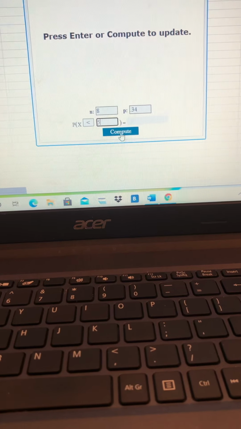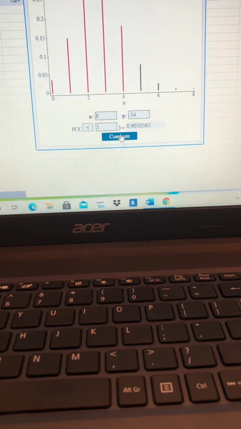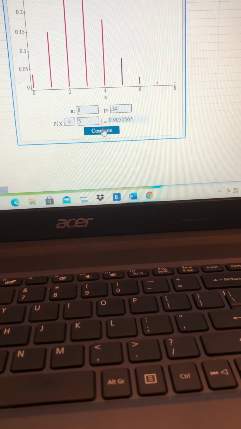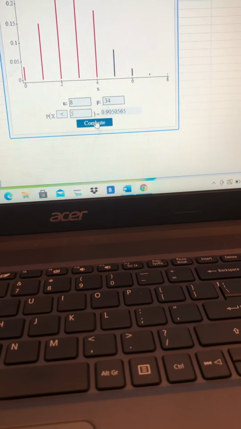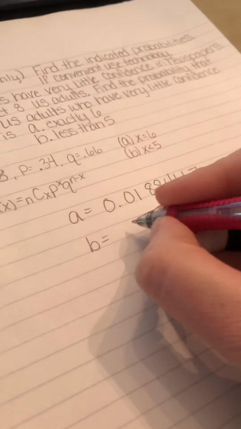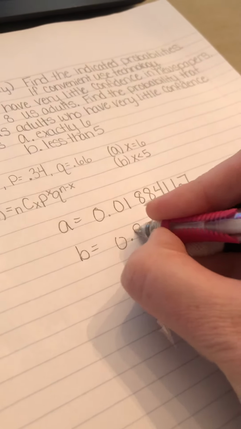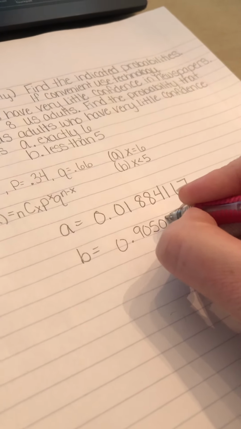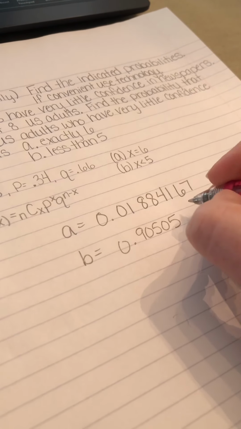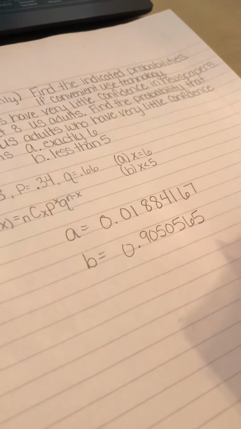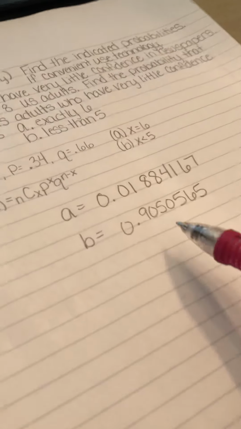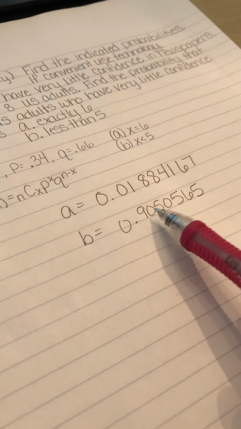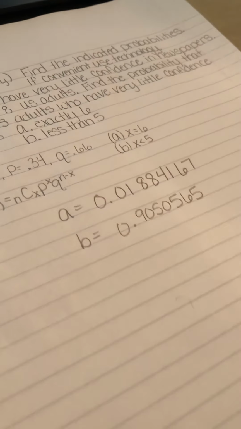So less than 5, compute, and it is 0.9050565. Again, if we were going to round it, it would be 0.905. And that is the answer to both questions.